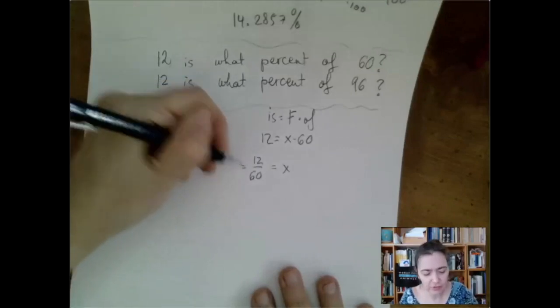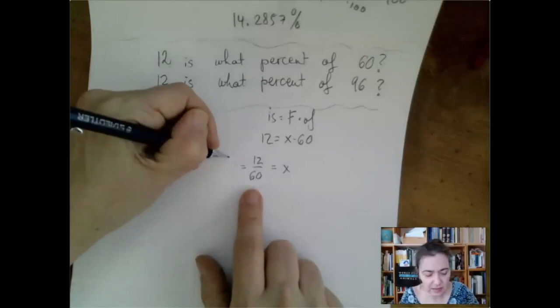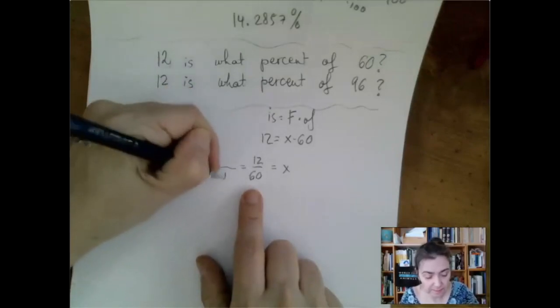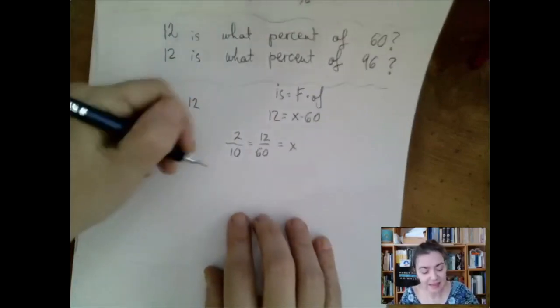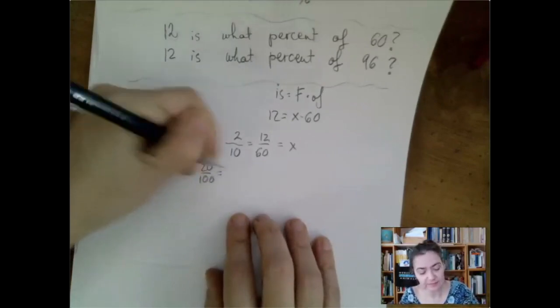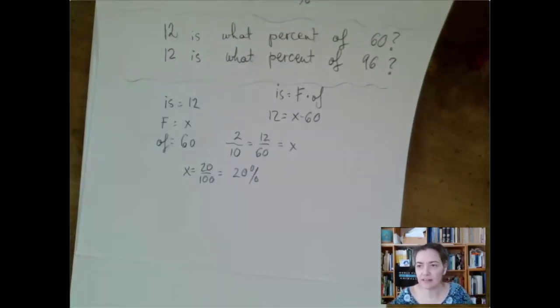But the question was what percent, so let's just get rid of the 6. 2 out of 10, and that's 20/100, or 20%. And then you can make those connections that are hardwired in your brain, like 20% is 1/5. Those are useful. So that's the first one.